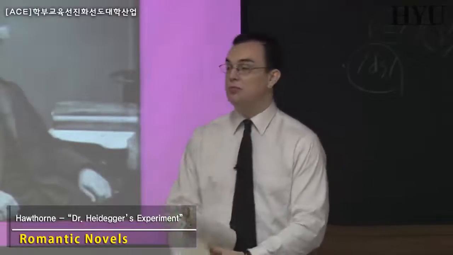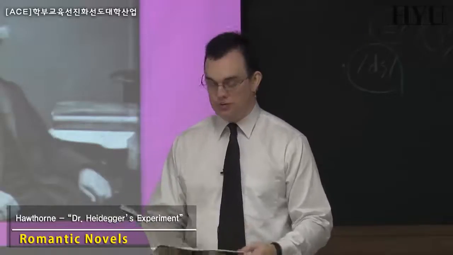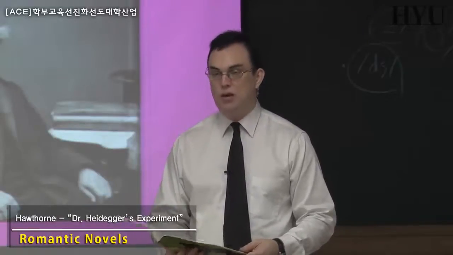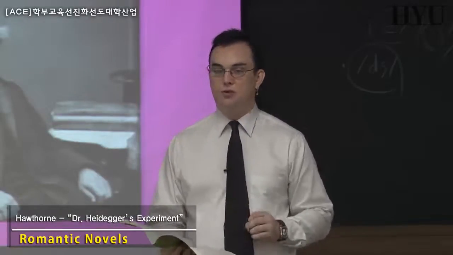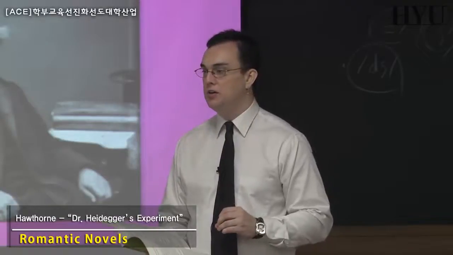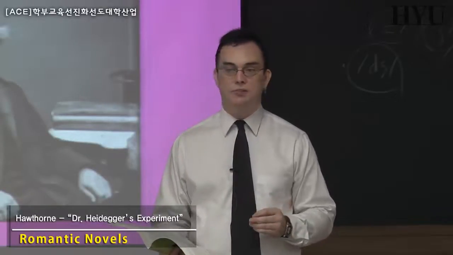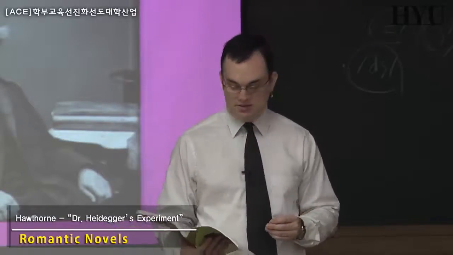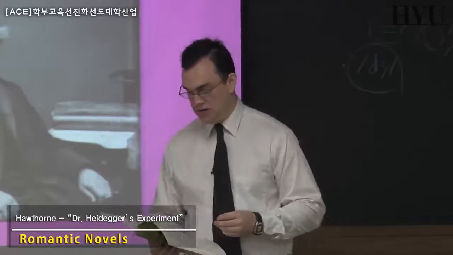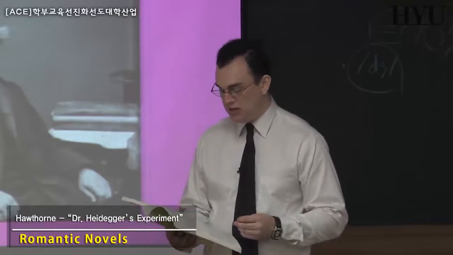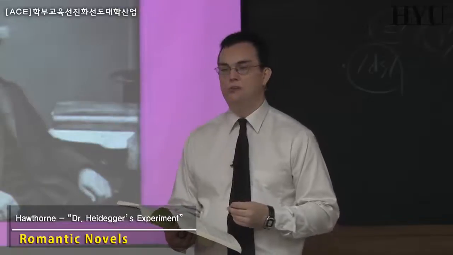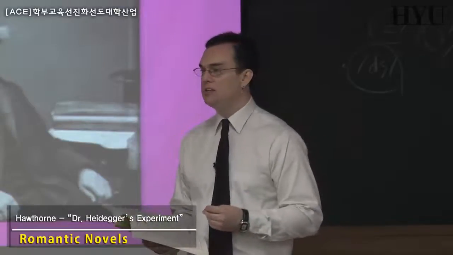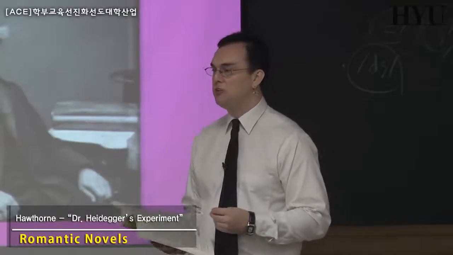So if we look at what happens in our story very briefly, we have our central character, Dr. Heidegger, and he is an old man, a very learned man. We are told that he's also very singular, and here that doesn't mean that there's just one of him.